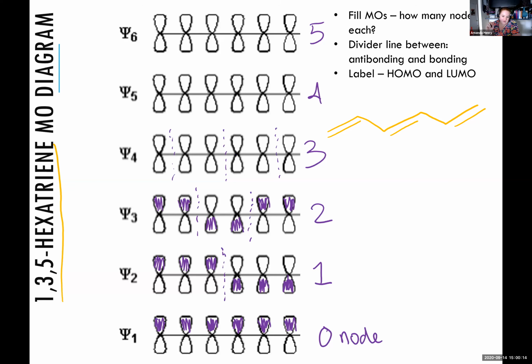Another pattern to see is how many groups are overlapped. In the first one, there's 1 group that's overlapped because they're all overlapping. In this one, there's 2 groups overlapping. And in this one, there's 3 groups overlapping.